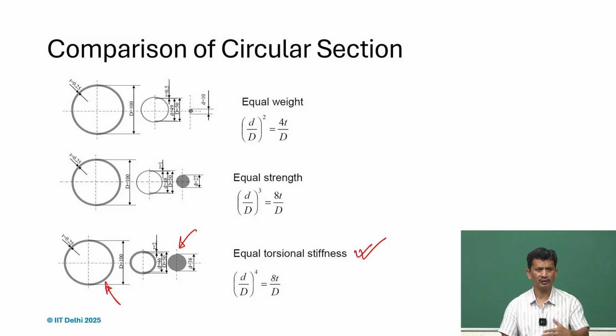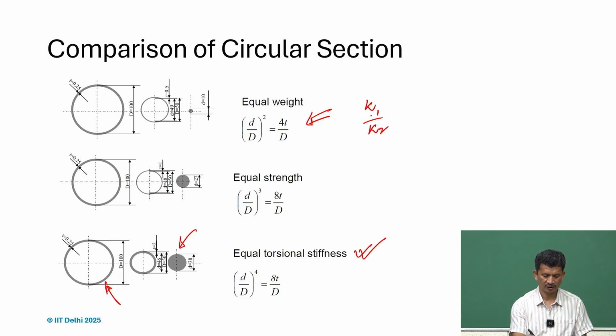So, we can always take these cases one by one and compare the other parameters. Suppose you are looking for the same equal weight, what will be the ratio of K1 and K2, what will be the difference?